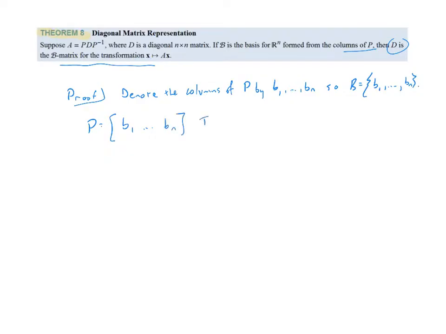Then P times the coordinate vector for x relative to B is equal to regular x. That's just our coordinate vector equation. x is equal to the P matrix times the coordinate vector of x. And we can also solve that for the coordinate vector of x.